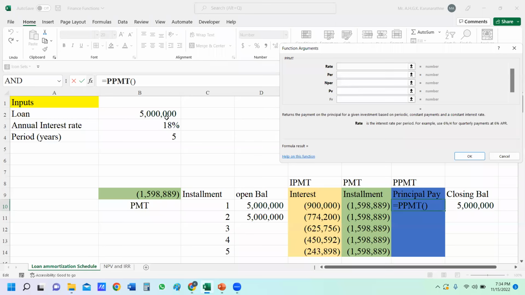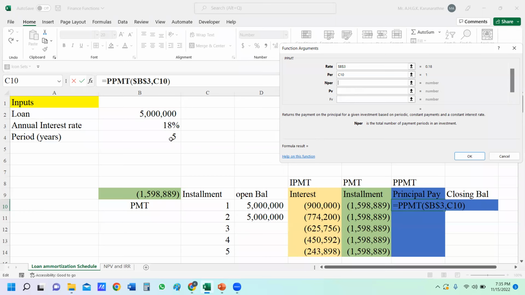So rate, interest rate, make it fixed by pressing F4. Then period, year 1 to the number of years, we give one, relative, and leave it relative. NPER means number of installments, 5 installments.